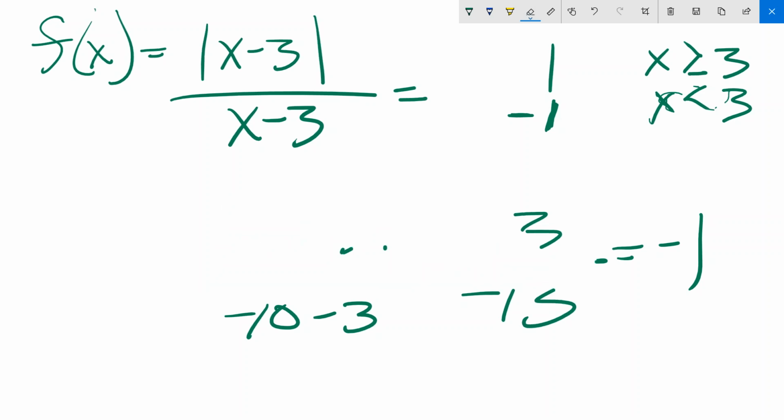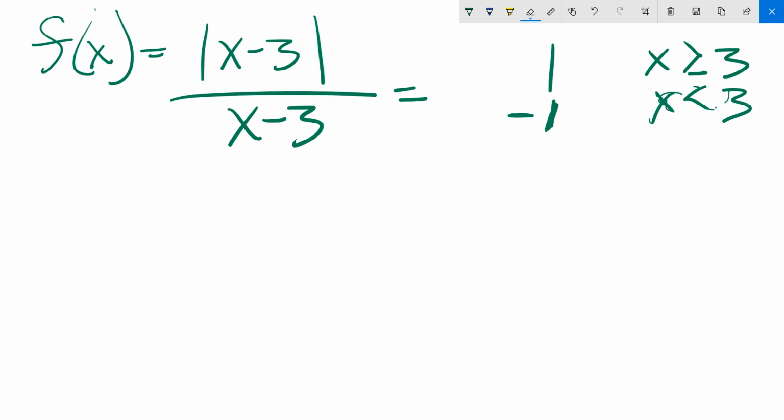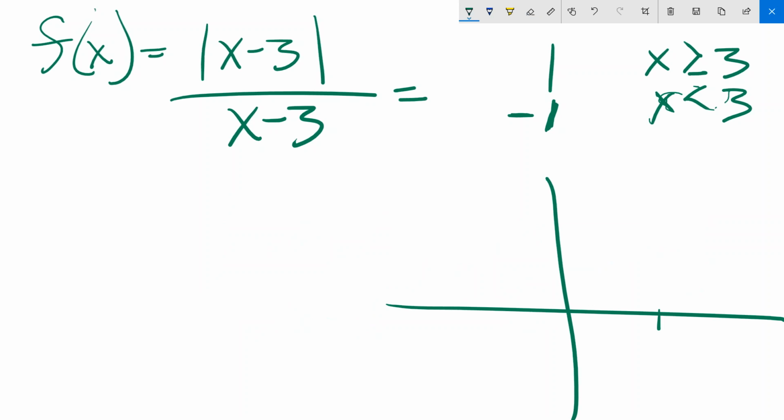Whenever x is equal to or greater than 3, the function is plus 1. So if I wanted to graph that, that's what the graph's going to look like.